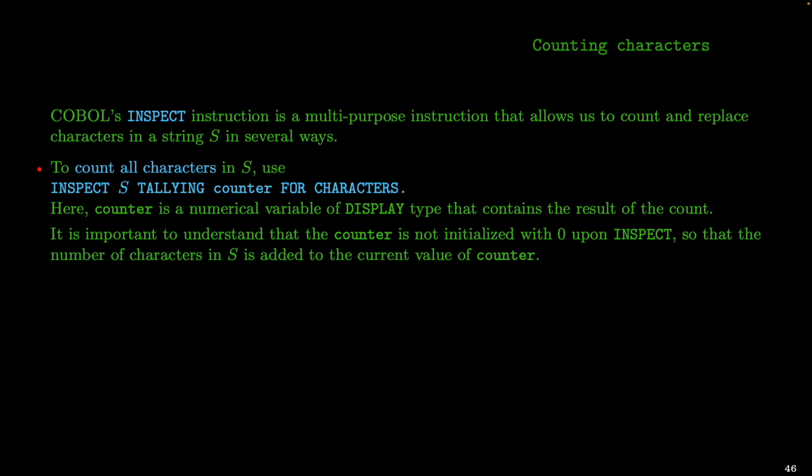First, to count all characters in a string, which we call capital S here, use the command INSPECT S TALLYING counter FOR CHARACTERS. So counter here is a numerical variable of display type, and this will take the number of characters that are contained in the string S. And the FOR CHARACTERS simply means that all characters should be counted.